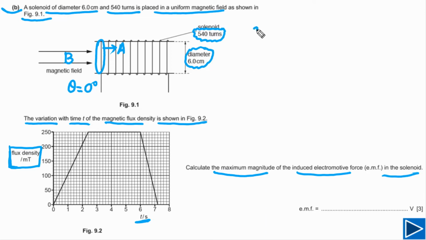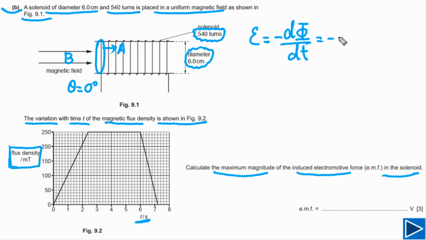So let's try to understand how we can calculate induced EMF. Induced EMF is equal to negative d phi by dt. And this is only true if the coil has only one turn. In this case, the coil has N turns. So it means this is equal to the rate of change of magnetic flux linkage.